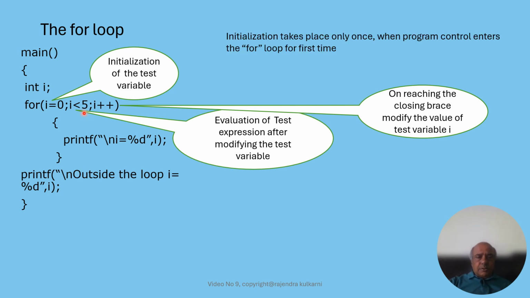When the expression is true, or evaluates to true, the program continues in the loop. Once the expression i less than 5 evaluates to false, the program comes out of the loop and starts executing the statement outside the closing brace of the loop.